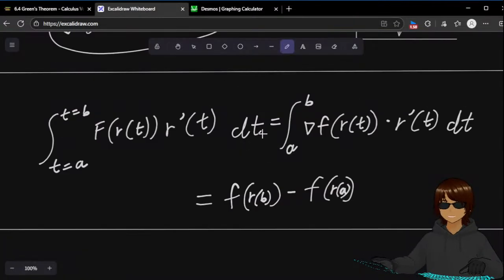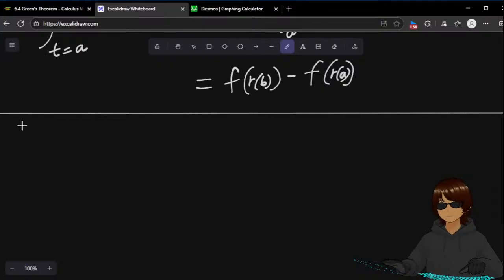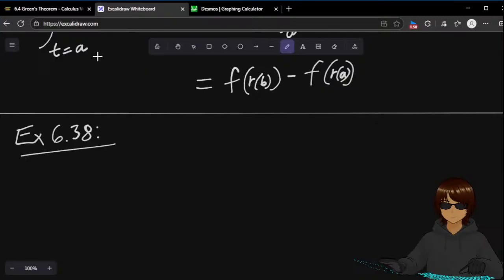I think this only works if F is conservative.